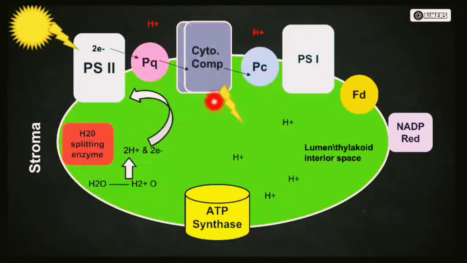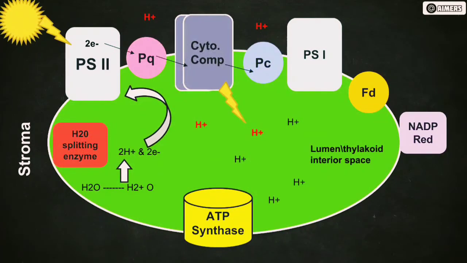Now, this energy of the electrons is used by the cytochrome complex to transport these H positive ions from the stroma into the lumen in this way. So this cytochrome complex is called a proton pump because it pumps. Wherever the word pump is written, it means it's active transport. So this cytochrome complex pumps H positive ions from stroma to lumen. Got it?